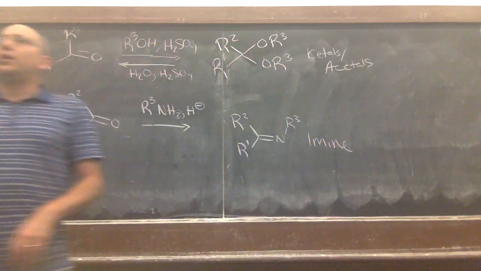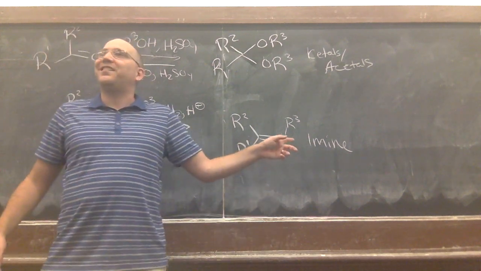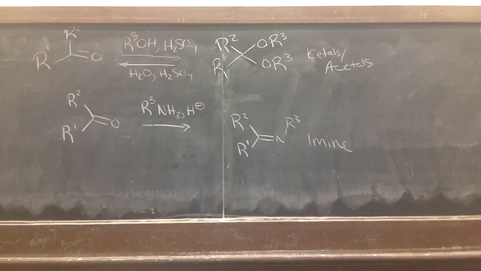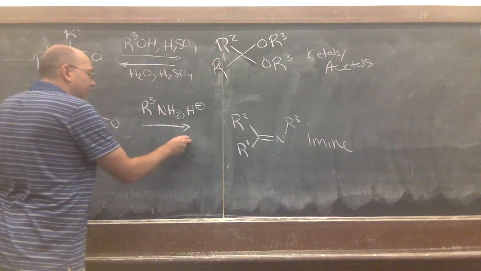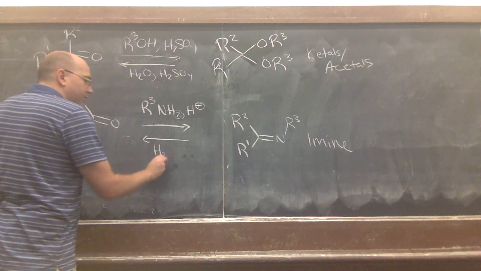It will get you to a Schiff base or an imine. So you can, in essence, take a carbon-oxygen double bond and convert it into a carbon-nitrogen double bond through the use of some primary amine. So that's key, right? And then likewise, you can do the reverse.